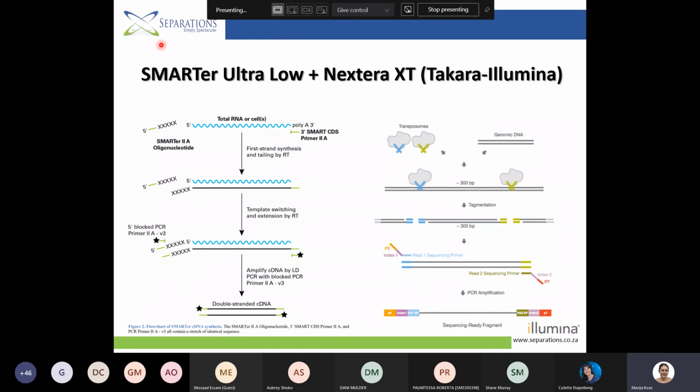So we would employ the SMARTer ultra low kit from Takara, where the sample input concentration can be as low as 10 picograms of RNA. We will use the Takara SMARTer ultra low kit to create double-stranded cDNA, and then we will go into Nextera XT to create a library which can then be sequenced on Illumina platforms, right?